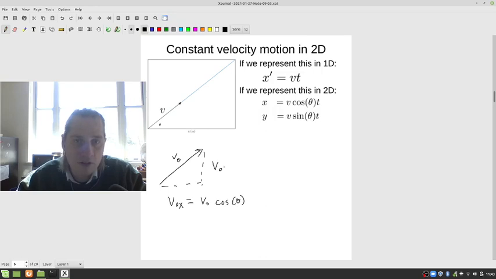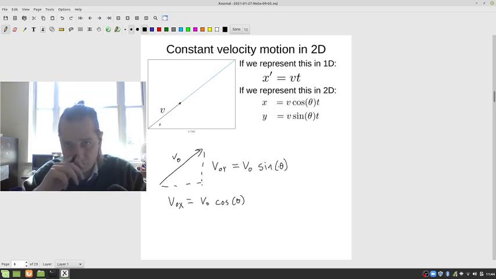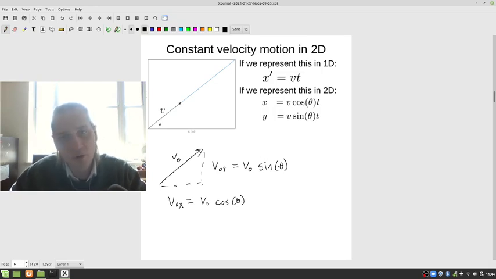And if I wanted the initial velocity in the y direction, it would be the velocity times sine of theta. Okay, so that's exactly what I did in the last problem with a 3, 4, 5 triangle. That was just a more concrete example. So essentially, that's what we're going to do today.